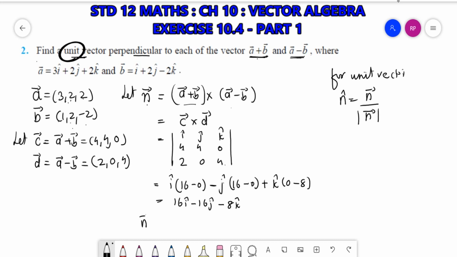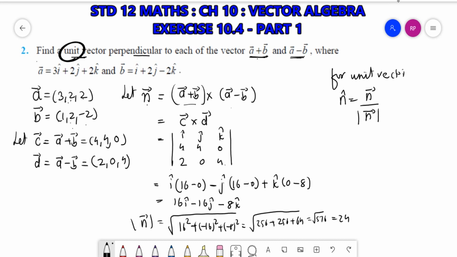So for the magnitude of vector n, under root of 16 square plus minus 16 square plus minus 8 square, that will be root 256 plus 256 plus 64. So that will be under root of 576, and that is equal to 24.